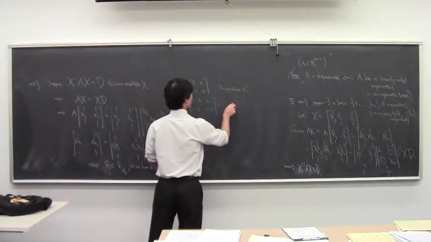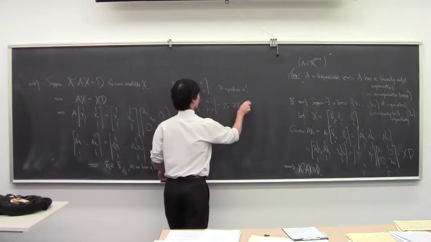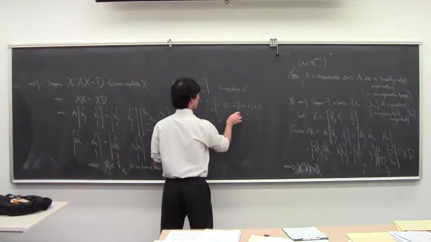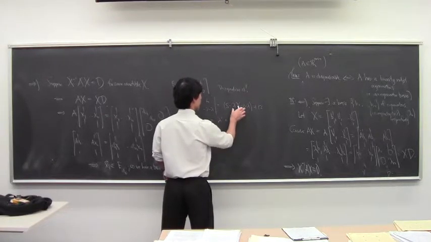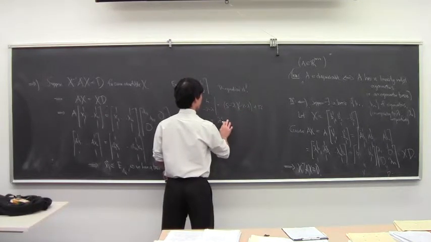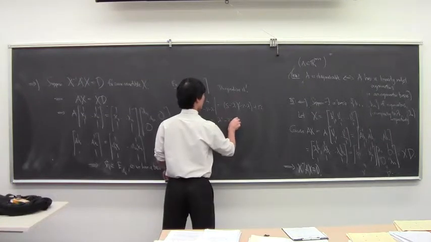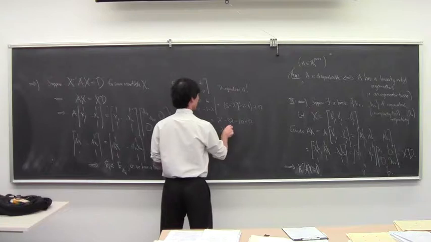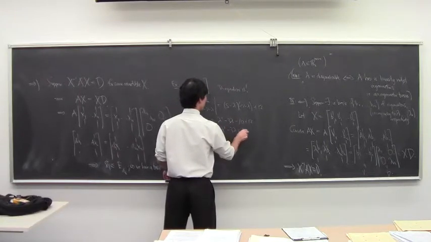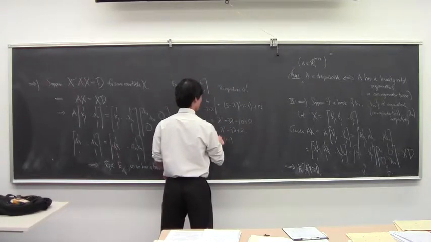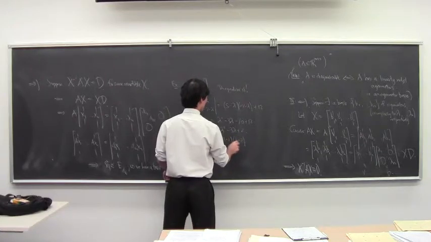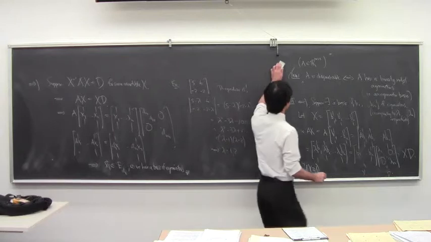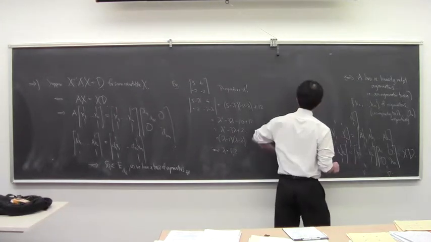That's (5 minus lambda)(-2 minus lambda) plus 12. And you get lambda squared plus 2 minus 5, so that's minus 3 lambda, minus 10 plus 12. Lambda squared minus 3 lambda plus 2, so (lambda minus 1)(lambda minus 2). So 1 and 2 are the eigenvalues.